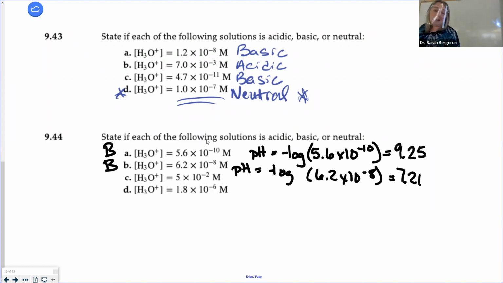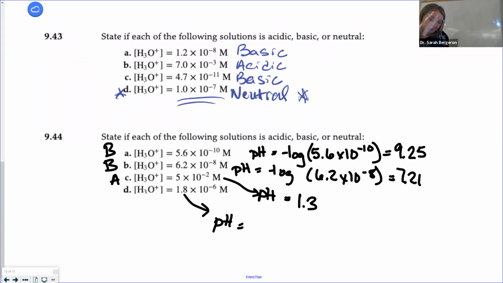All right, C, what do you get if you plug it into your calculator? What do you get? 1.3. I'm going to switch back to my computer because now that y'all know how to do that, right? Okay, so if you're 1.3, are you acidic or basic? Acidic. Okay, how about D? What's my pH? 5.74.